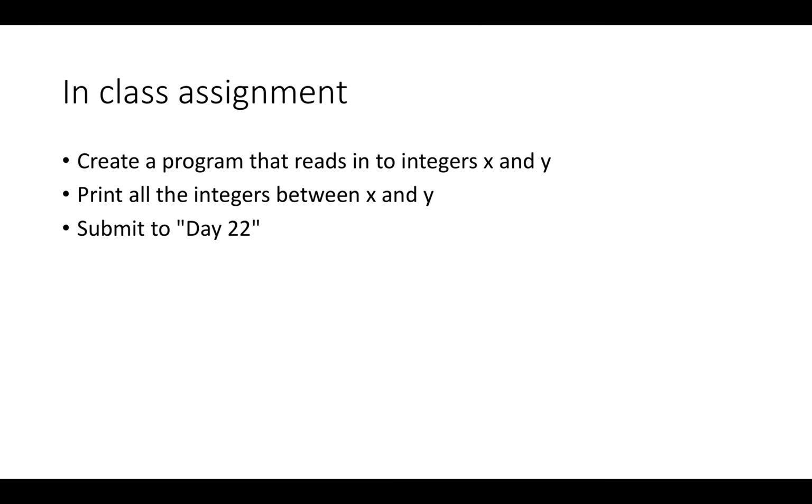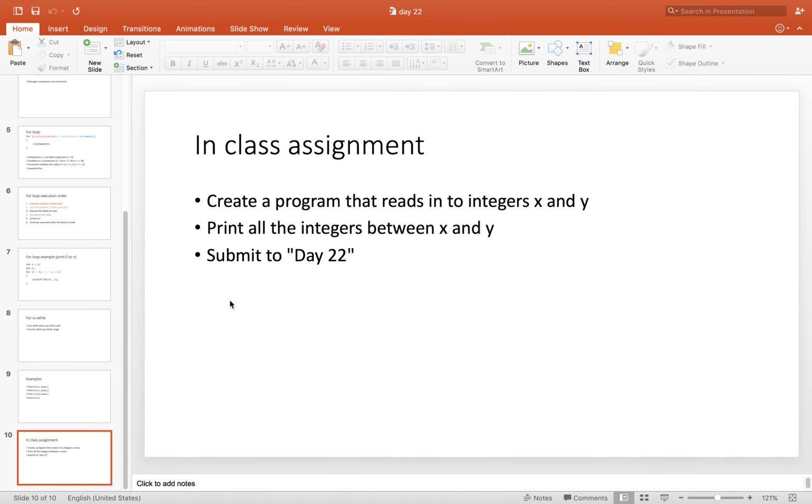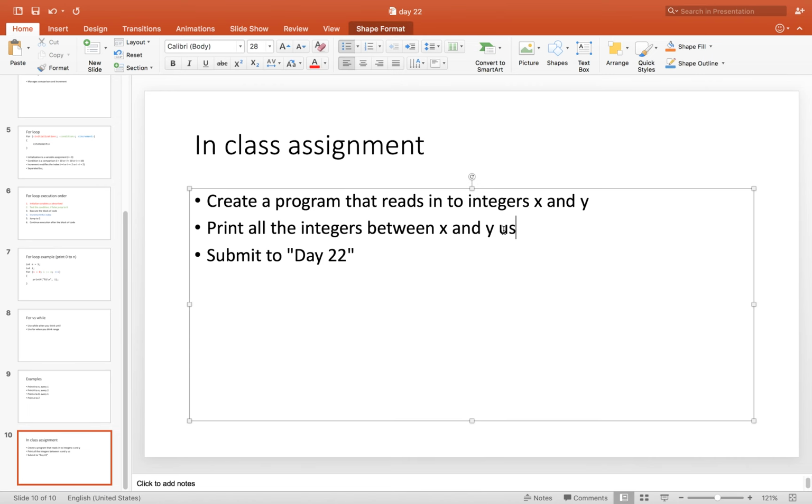All right. So today we're going to work on an in-class assignment. I want you to create a program that reads in two integers, x and y, and prints all the integers between x and y, using a for loop. If you want to be extra good, you should also do it inside a function.